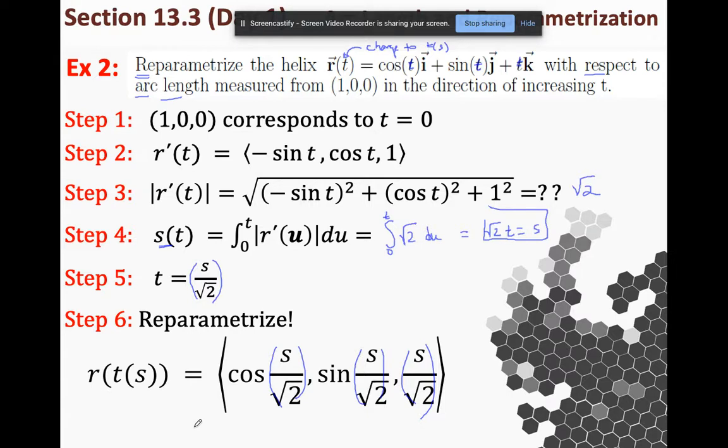Okay. Again, the whole purpose being, this is now the position vector for values of s, which is arc length, along the curve measured from its starting point.